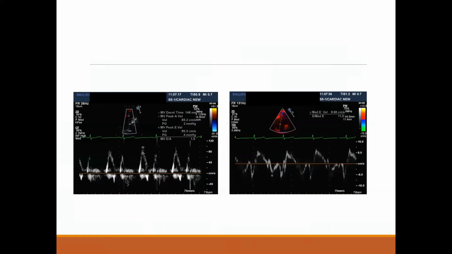Is it grade 1 diastolic dysfunction with reverse ratio? Yep. If it's grade 1, I would be expecting the E/A ratio to be less than 1. But here the E/A ratio is 1.5. Reverse.